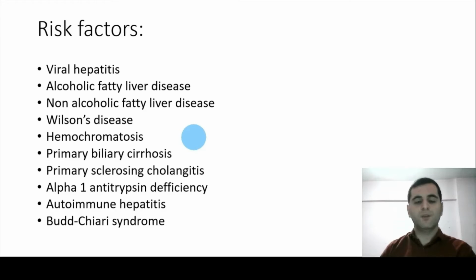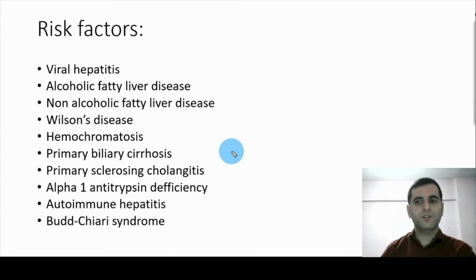And when a red blood cell dies, and as you know, the half-life of a red blood cell is about 90 to 120 days, the serum iron level increases, and the body has no mechanism by which it can get rid of the iron. So the iron increases and it causes cirrhosis.